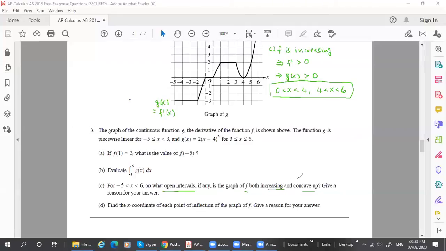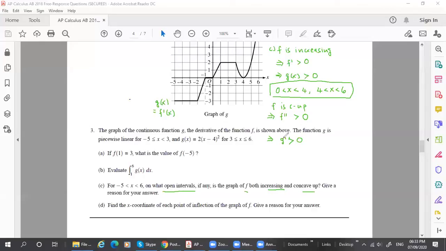The second part that is given to you is that f is concave up. If a function is concave up, its second derivative must be positive. The second derivative is positive, meaning that the derivative of g must be positive.